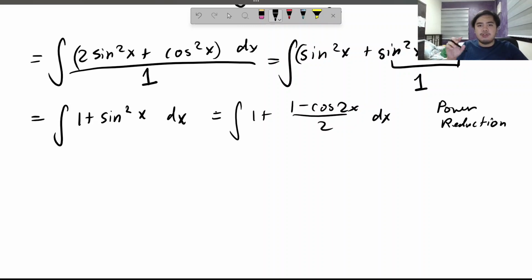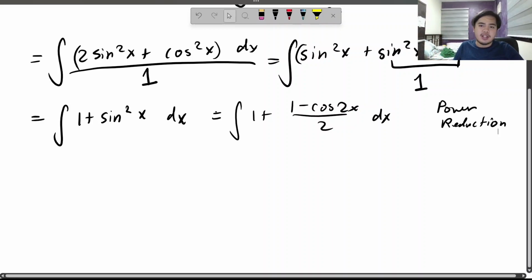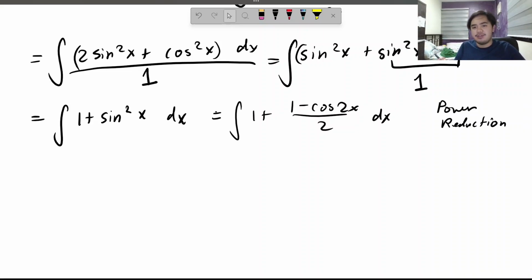It's because from the power of 2, you go down to a power of 1. Cosine here is just power 1, not squared or cubed or whatever. So we reduce the power by half. But the consequence is you double the x. So sine squared x is the original one, and then there's 2x there.